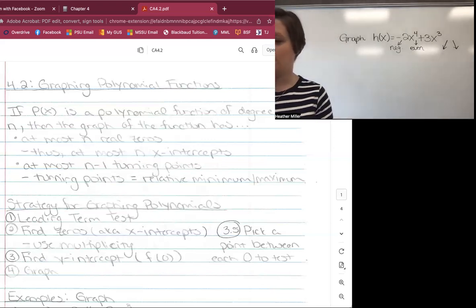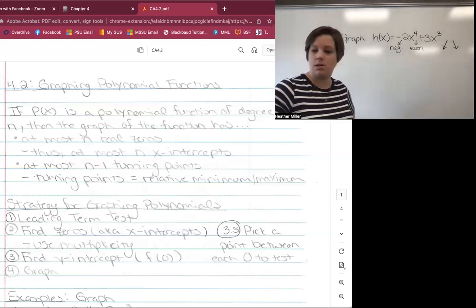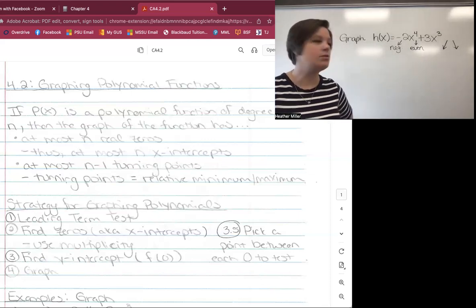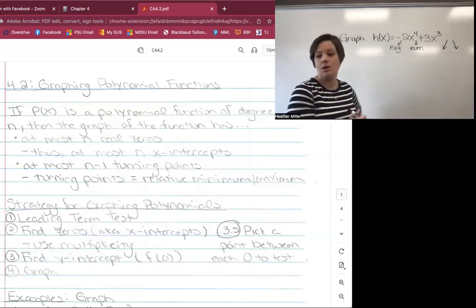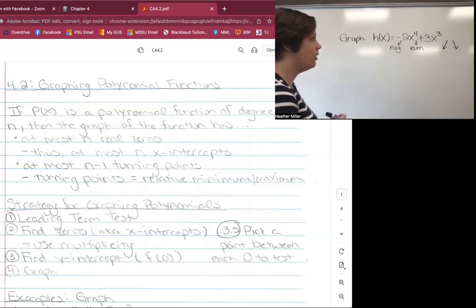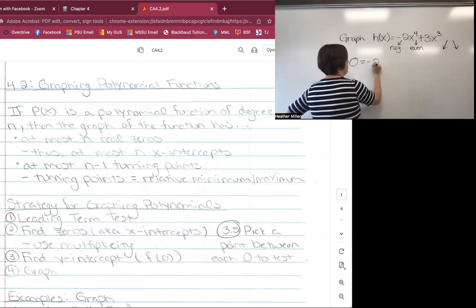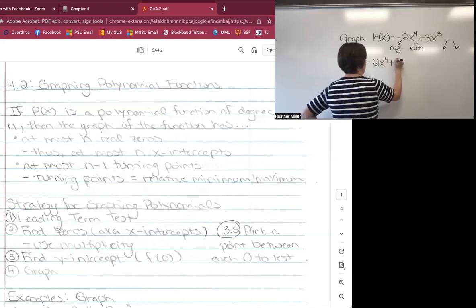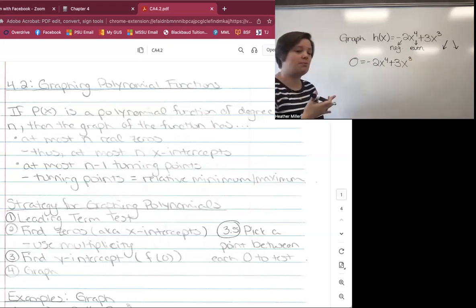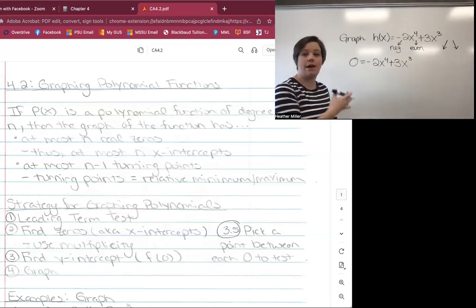All right, now let's figure out some of our zeros. So that means we have to solve this. We set it equal to 0, and we have to figure out what our x's equal. So 0 equals negative 2x to the fourth plus 3x to the third. And remember, the way that we need to approach this is by asking, what do our terms have in common?